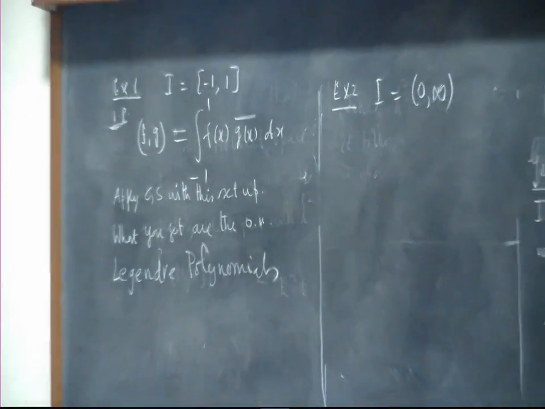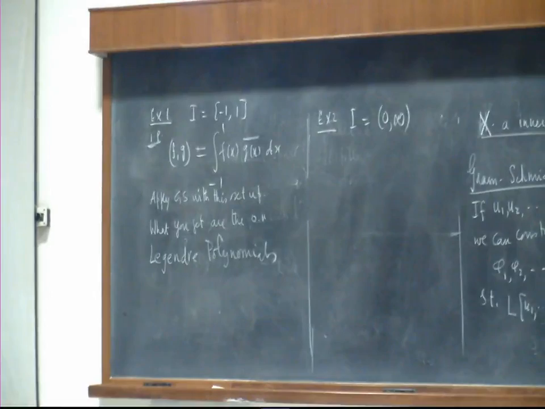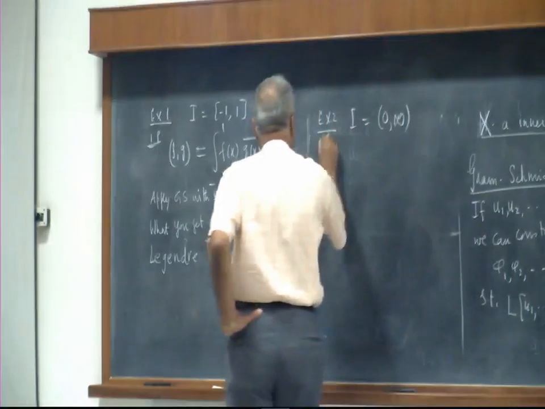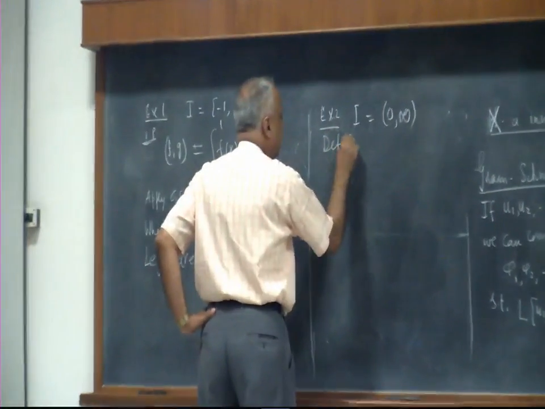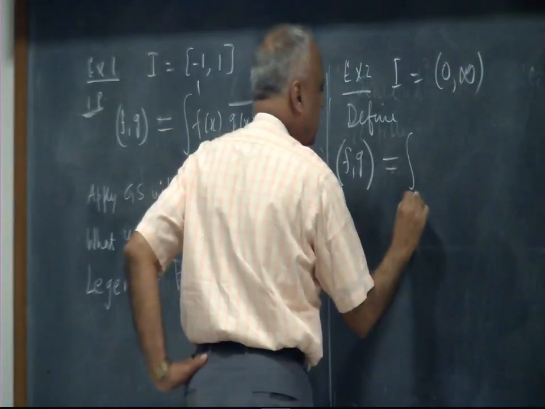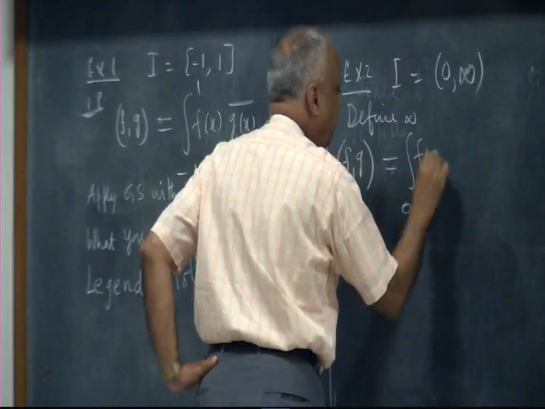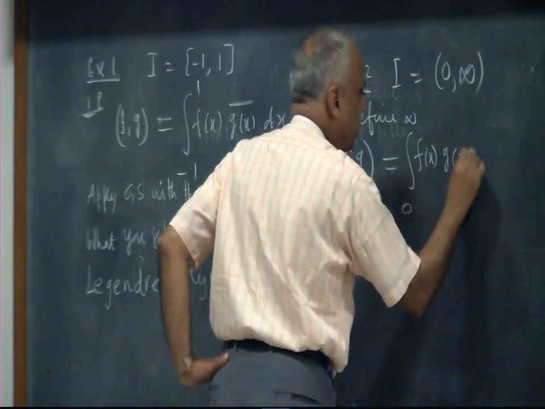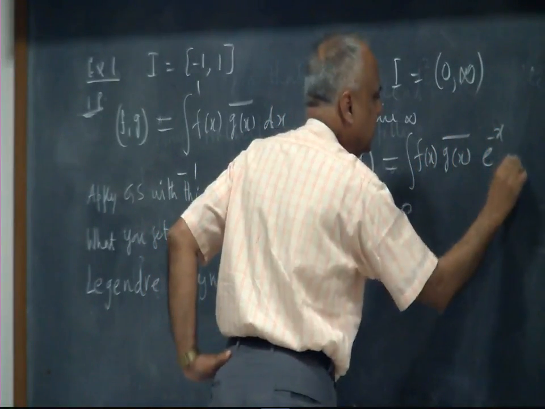So, kill it by putting an e to the minus x. Define the inner product as the integral from 0 to infinity of f(x) g(x) bar e to the minus x dx.